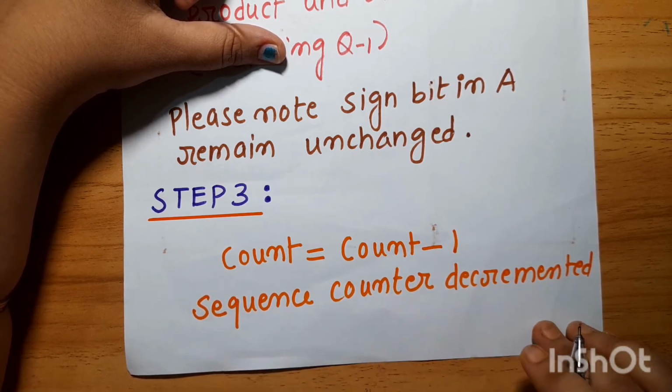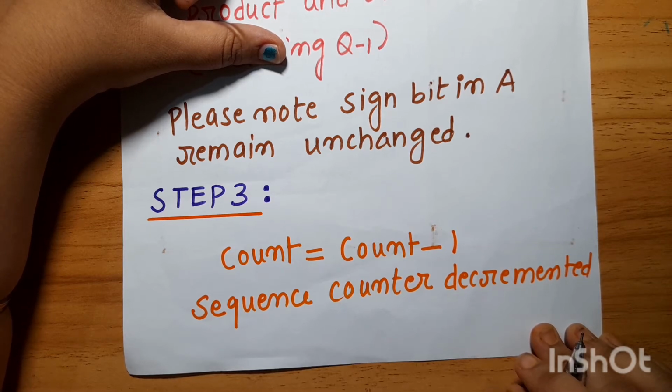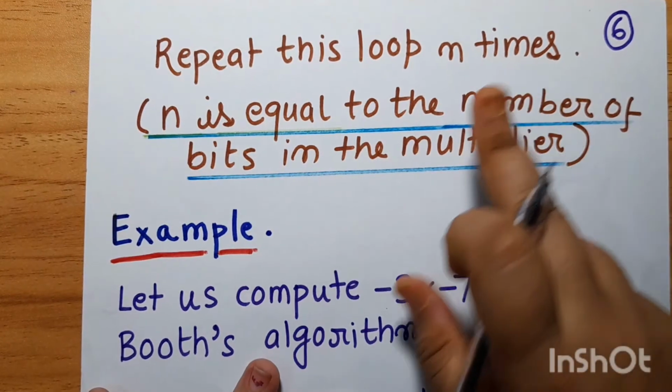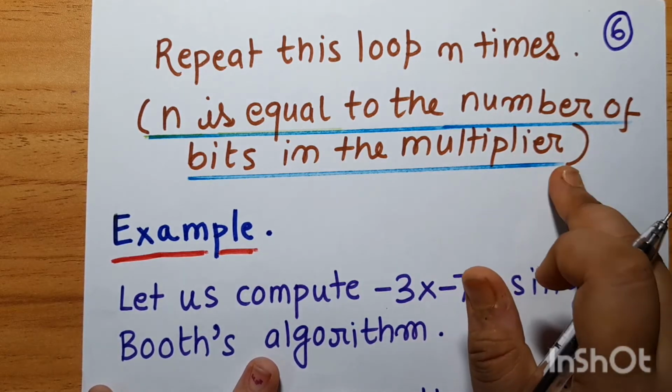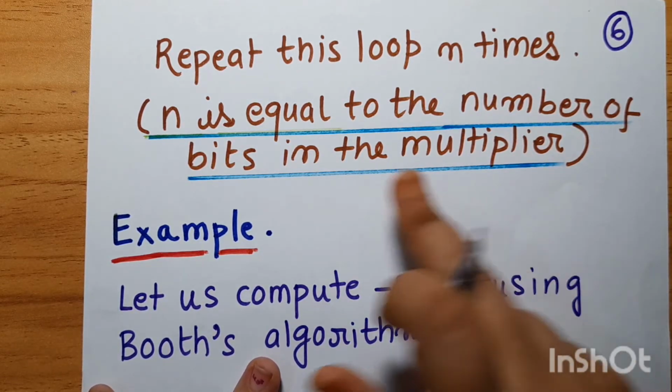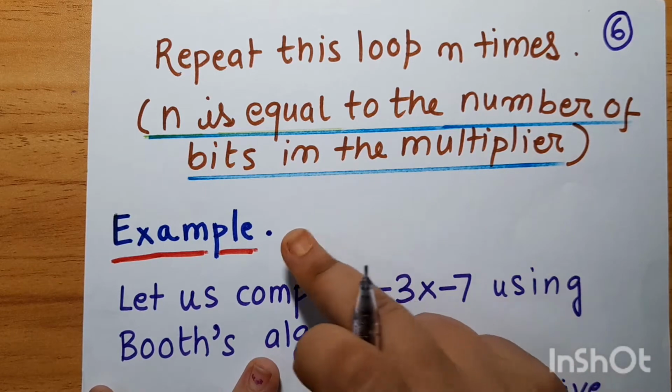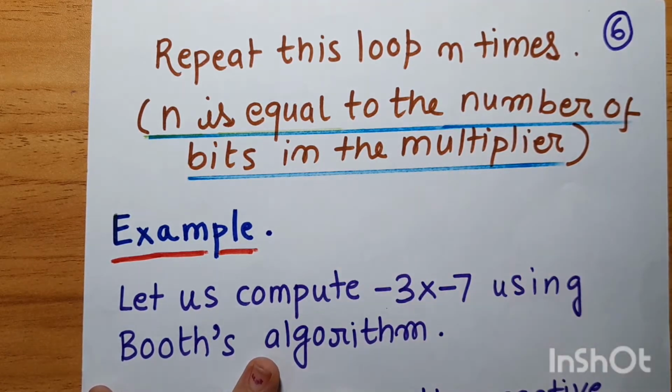The sequence counter is decremented and every time we are checking whether the count value is 0 or not. When it is 0, the loop is ended, the flow chart is ended. If it is not equal to 0, again we are checking the updated value of q0 and q minus 1. What I have said is, repeat the loop n times till the count is equal to 0. You have to keep repeating the loop. N is equal to the number of bits in the multiplier.